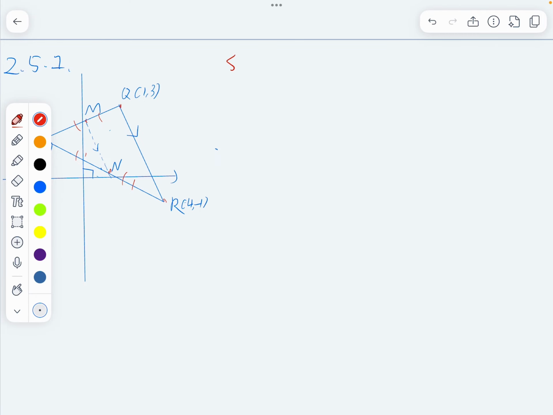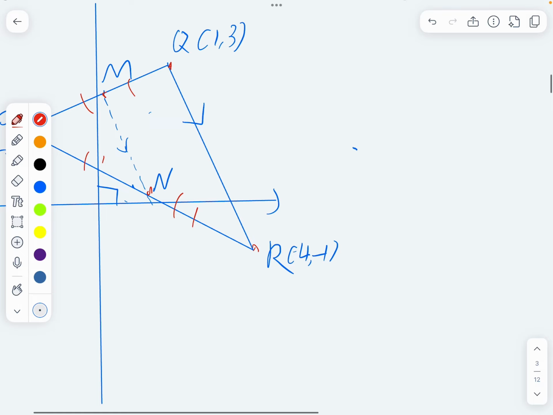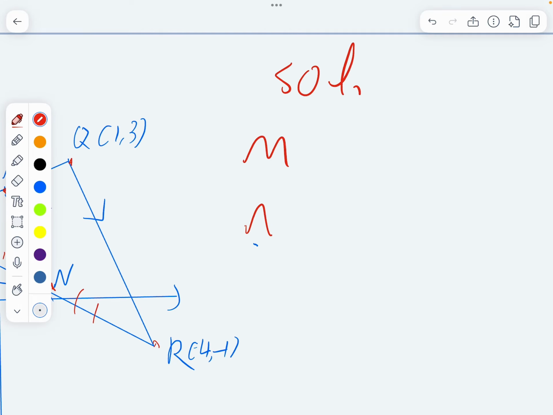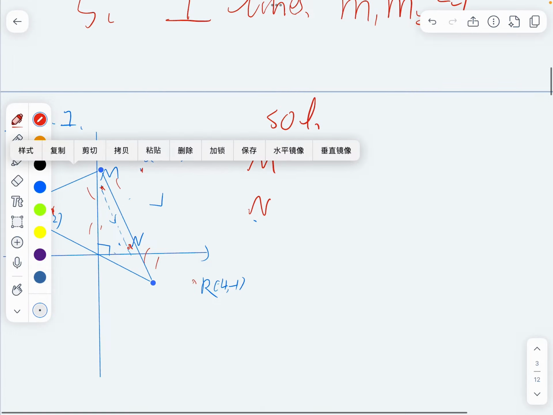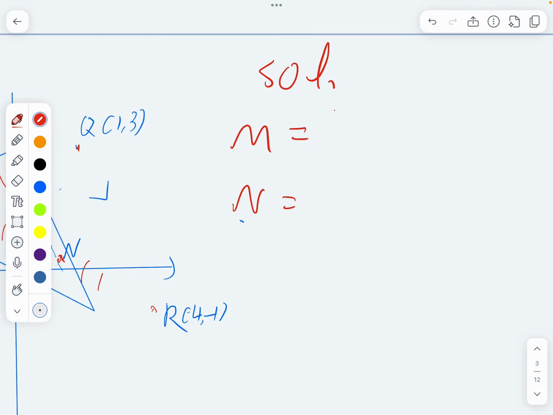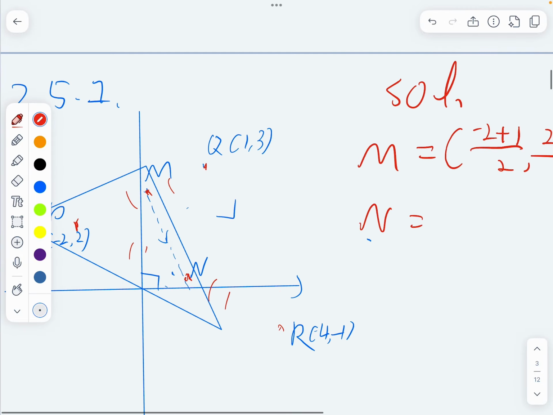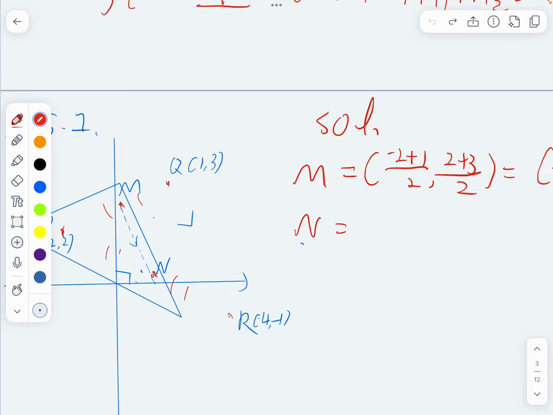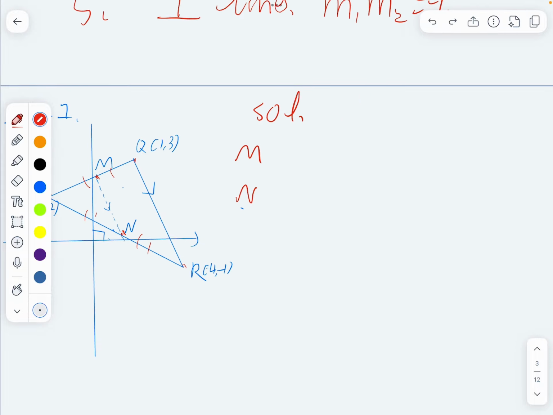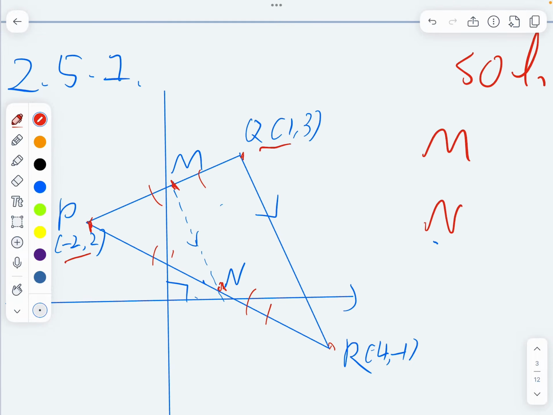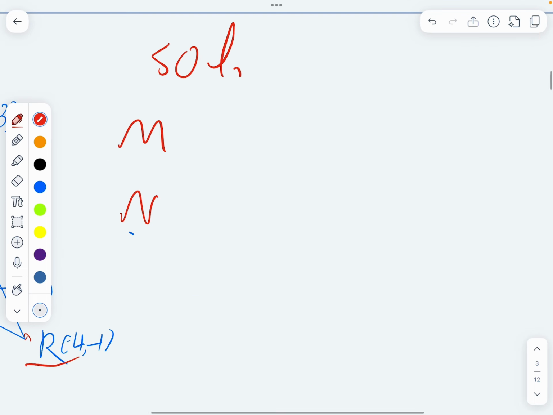Solution. First, we find the two midpoints M and N. Use the P point and the Q point to find M, and use the P point and the R point to find N. So M equals negative 2 plus 1 over 2, and 2 plus 3 over 2.